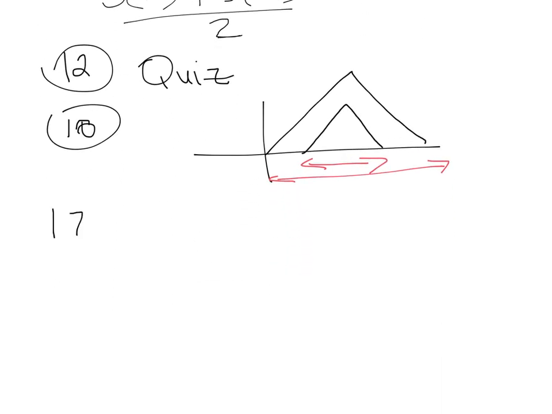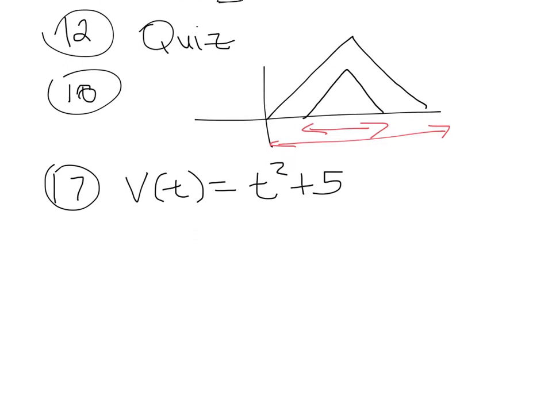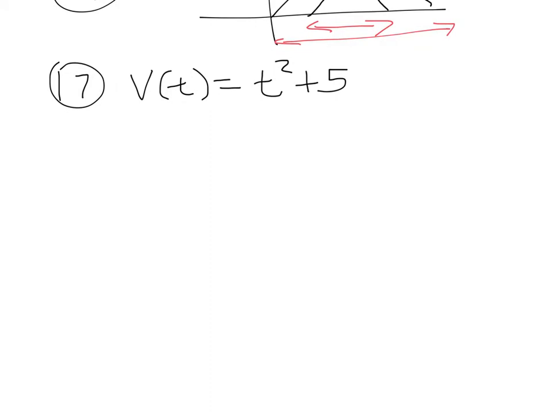Number 17, they give you this function, b of t equals t squared plus 5, and they tell you to estimate from 0 to 5 in increments of 1 second. So what you're doing is, of course, graphing this function, and what I would do is plot points.